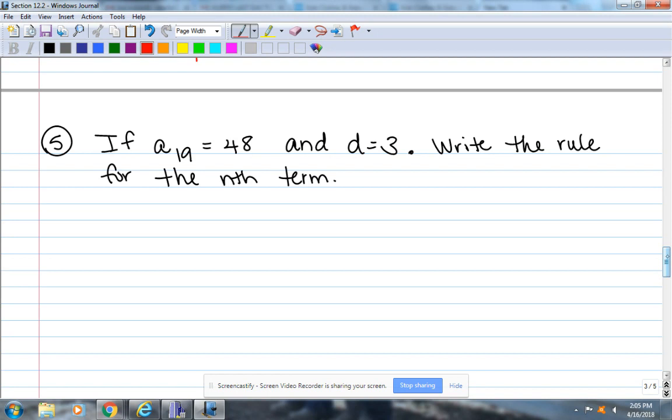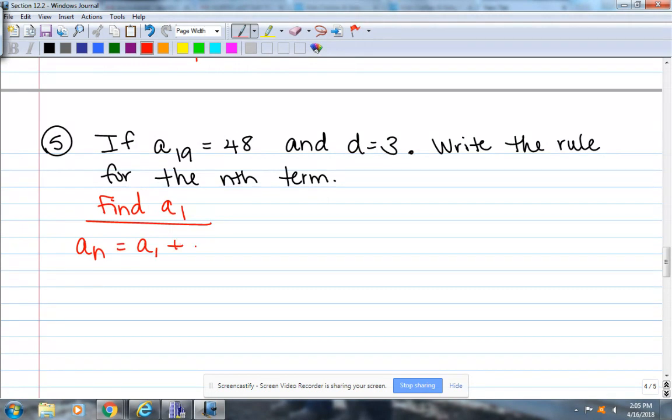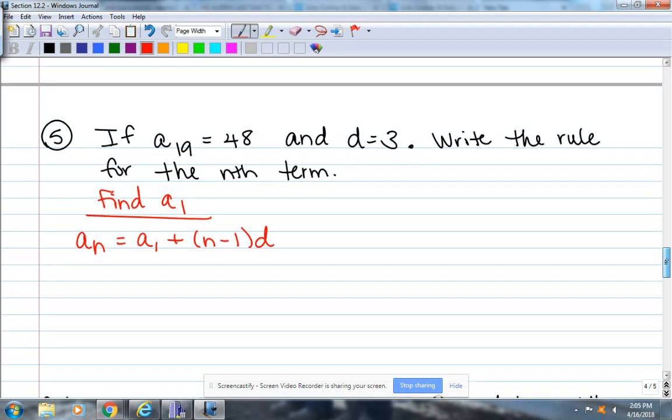Because I got to have a sub 1 to write the rule. So I'm going to first find a sub 1. So the way I find a sub 1 is a sub n equals a sub 1 plus n minus 1 times d. I know the 19th term. So I'm going to use n equals 19.